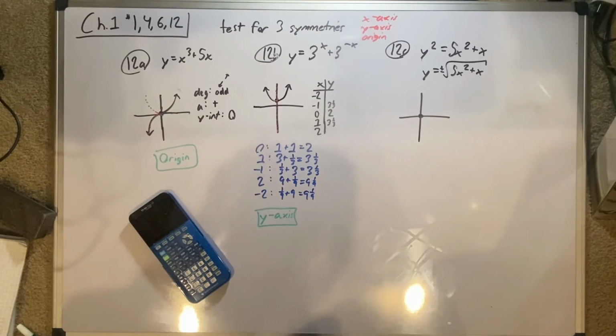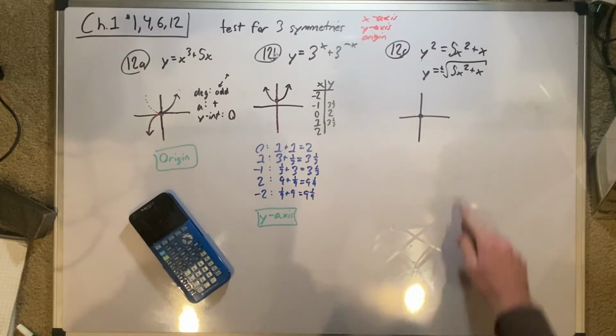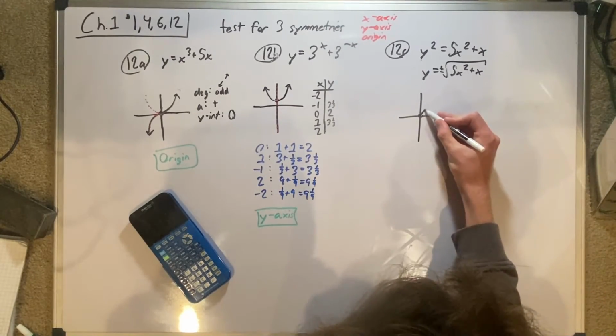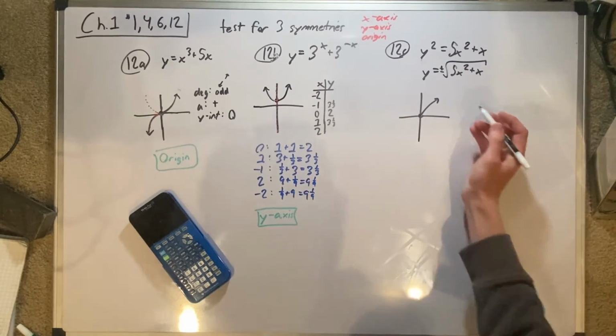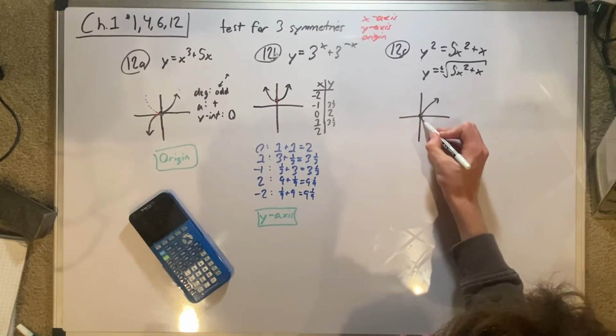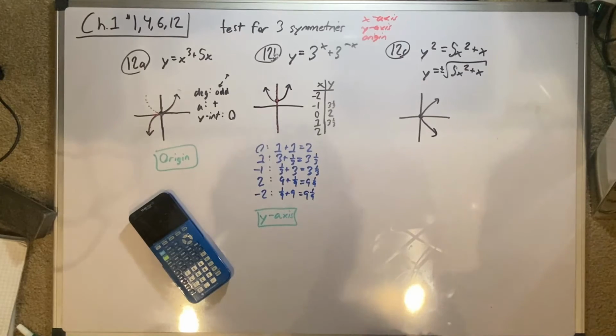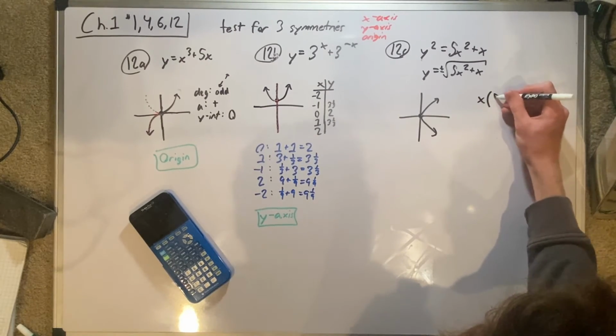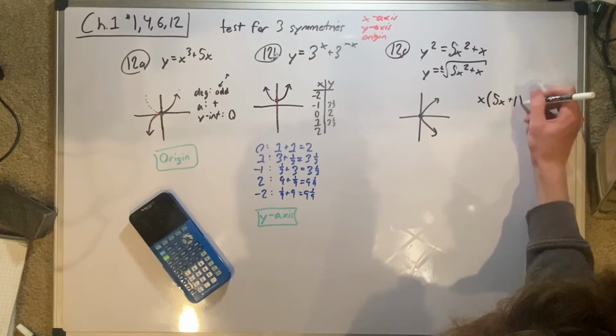Okay, 0, so that has that. And then we know that these types of functions move something like this. And then we also know there's a negative side, so it's also going to move like this. Now let's see if there's anything else, because I think there is. Let's simplify this down: x times 5x plus 1.